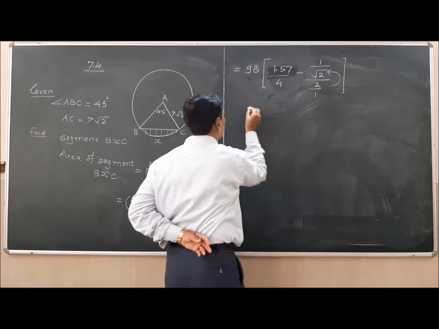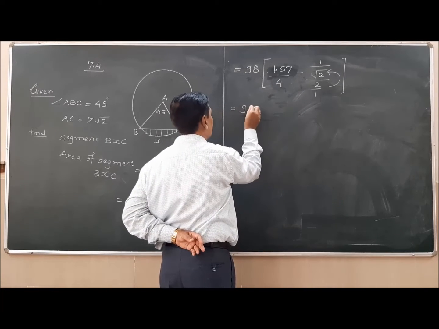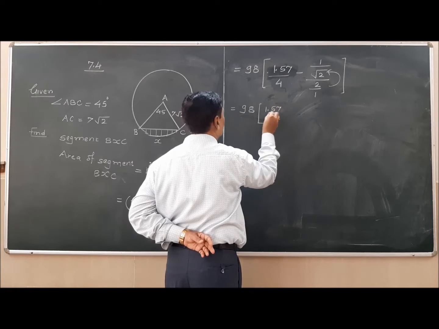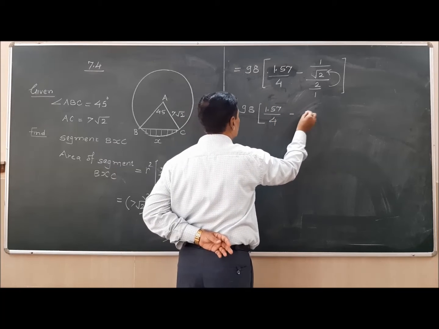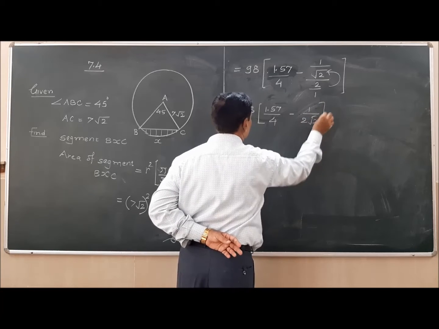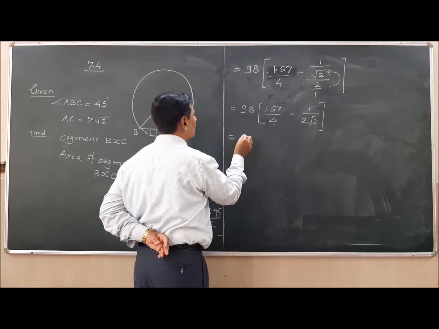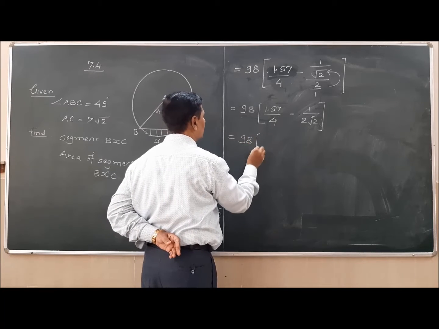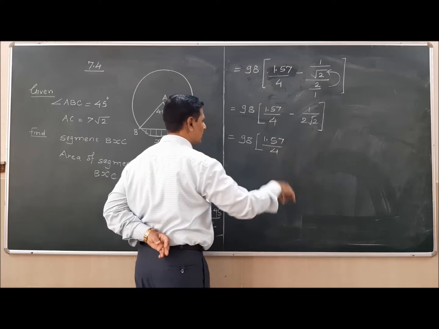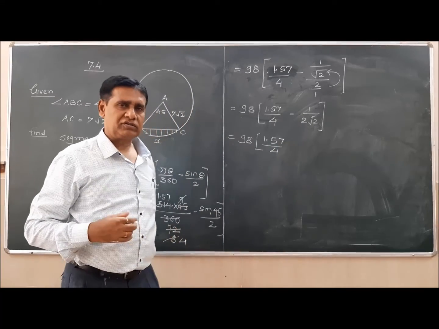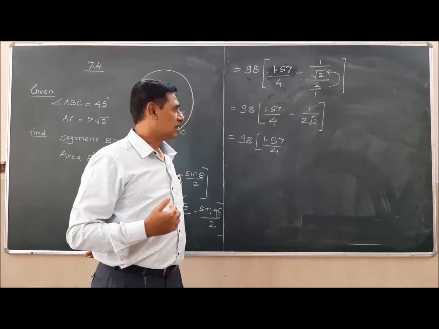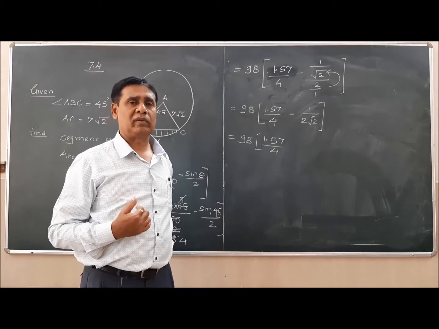Now the first part I will keep as it is. I am not going to change it. So 1.57 upon 4 minus 1 upon 2 root 2, that is equal to 98 into 1.57 upon 4. It is very important, boys. You all have studied in standard 9 about rationalizing the denominator.